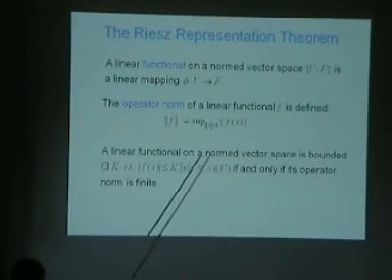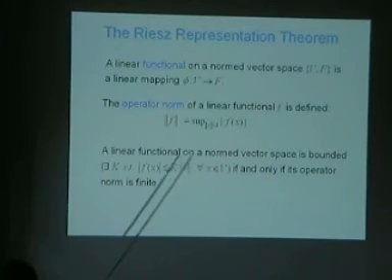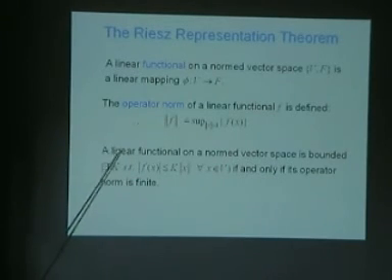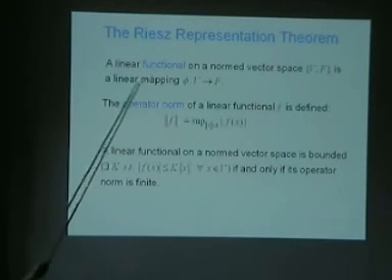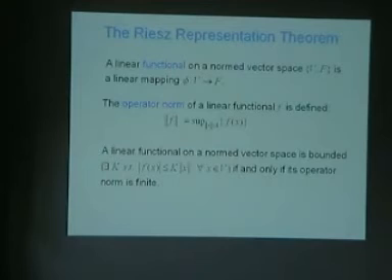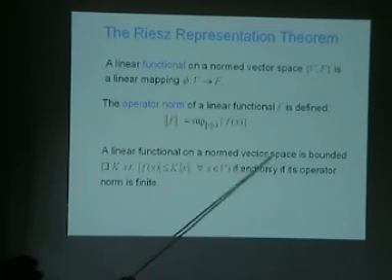I also have to say what I mean by bounded before I can tell you the Riesz Representation Theorem. So I've defined operator norm, and I've defined functional. The reason it's called a functional, not a function, is that it originally arose because people were mapping entire functions to numbers. So by bounded, I mean a linear functional on a vector space is bounded.